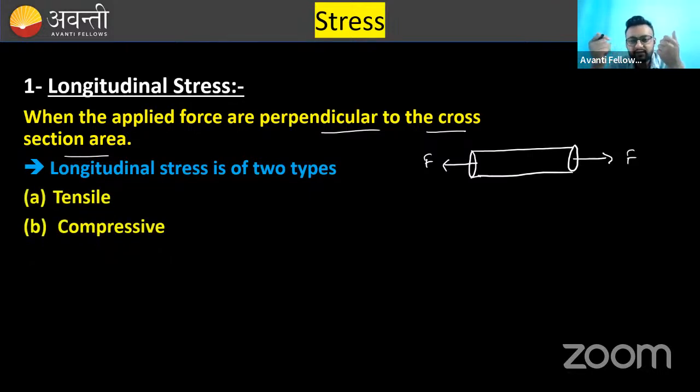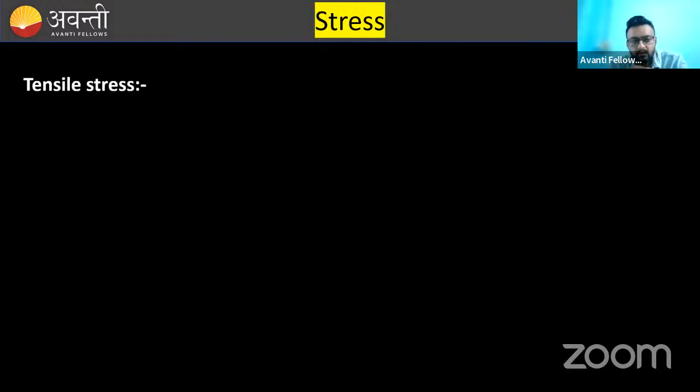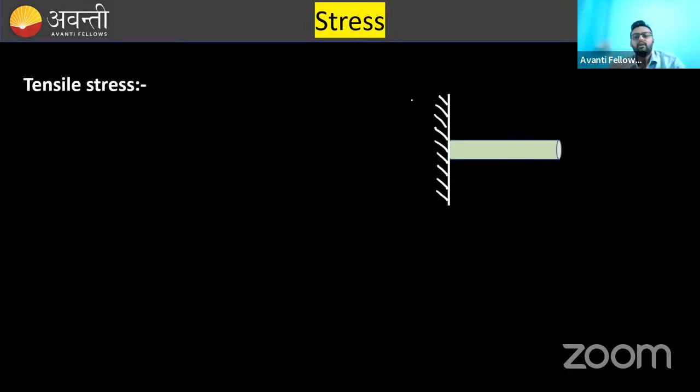What is tensile stress? If these forces are pulling the body, then the stress is known as tensile stress. And if these forces are compressing the body, then the stress is known as compressive stress. I think it is clear. So what is tensile stress? Have a look at that.